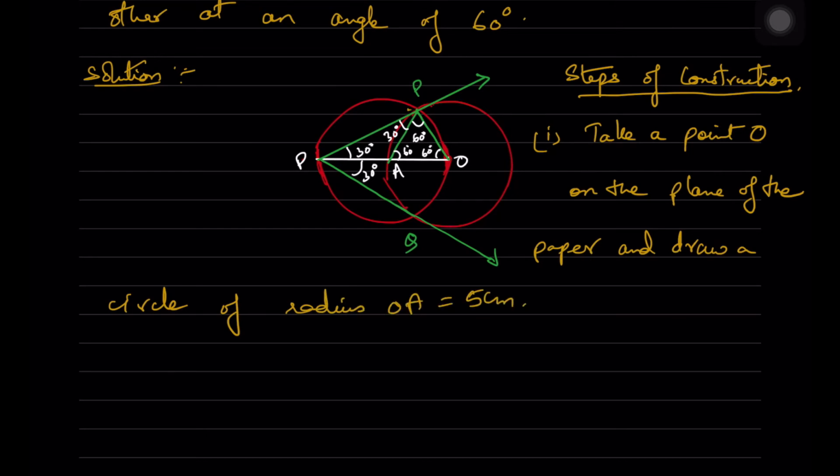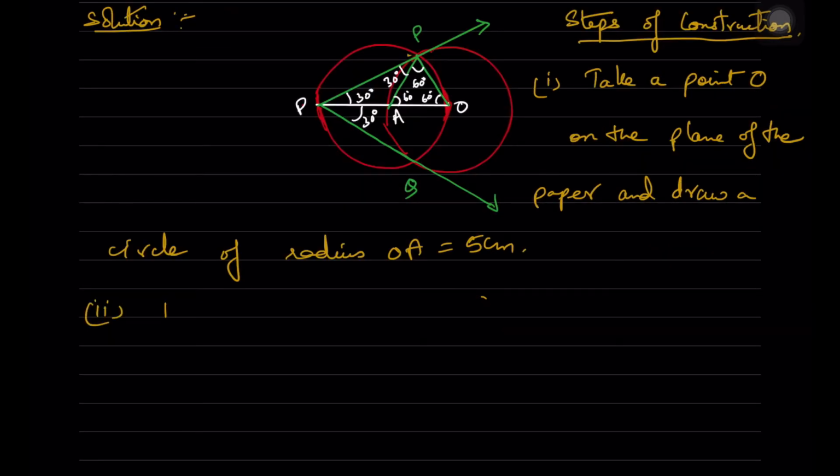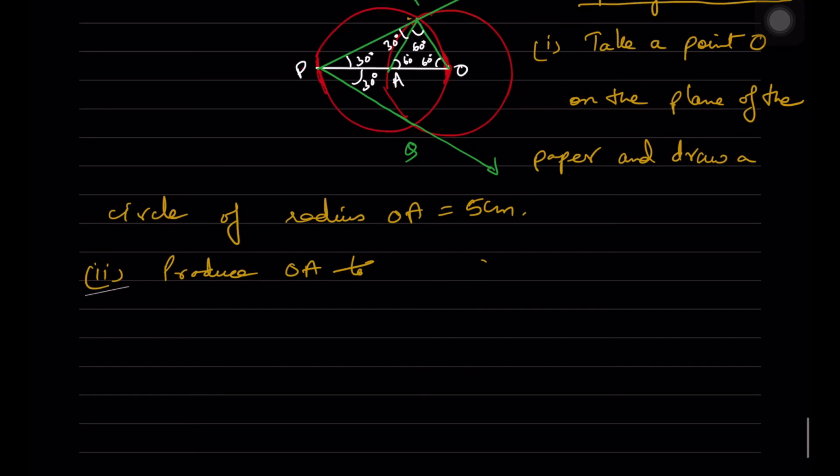Then second, produce OA to B, such that OA is equal to AB is equal to 5 centimeters.